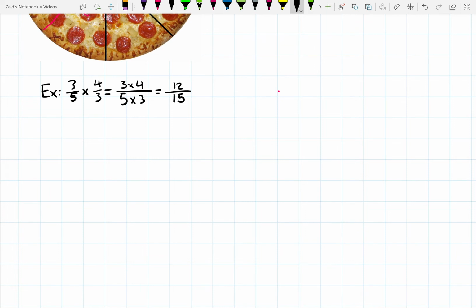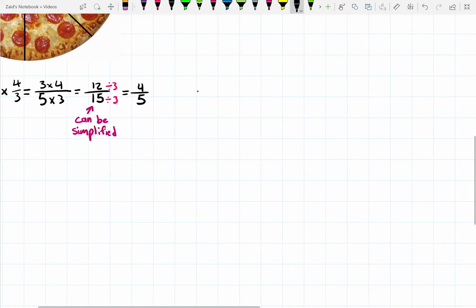Now I could see that our answer can be simplified. So I would first find the GCF, and I would get 3, so I would divide the numerator and denominator by 3. For the numerator, I would get 4, and for the denominator, I would get 5.